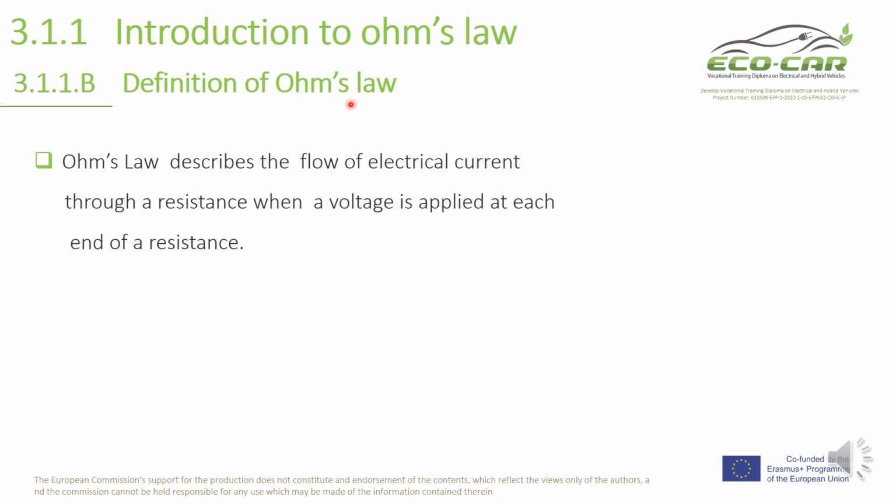Ohm's law describes the relation between current, resistance, and voltage. See here, this is a resistance, this is the voltage across this resistance, and here is the flow of current through this resistance or resistor, coming back to the negative side of the power supply.